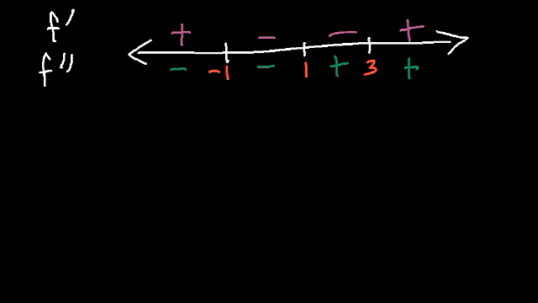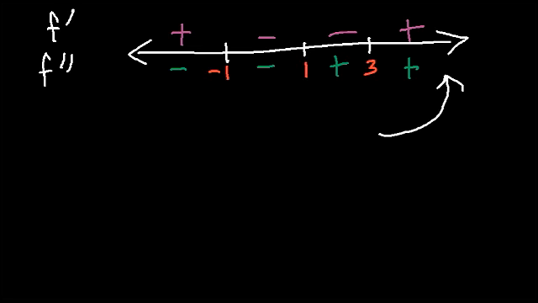If they're both positive, that means the function is increasing at an increasing rate. So if you remember the shapes that we went over earlier in this video, you'll see that it looks like this.